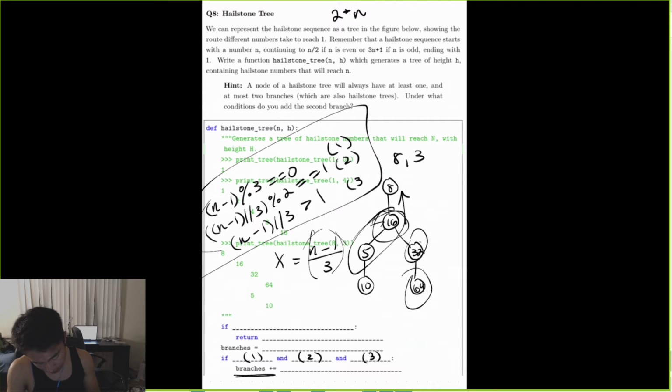Because if you think about it, branches, since we're probably storing a list of trees to act as our branches for when we construct the tree at the end. And I think there's a line right here. Because of that, we have to start up with a certain list. And then in the if statement, we're adding the odd branch if it is possible to do so. But the even branch is always possible to do so. So maybe we should add it here.